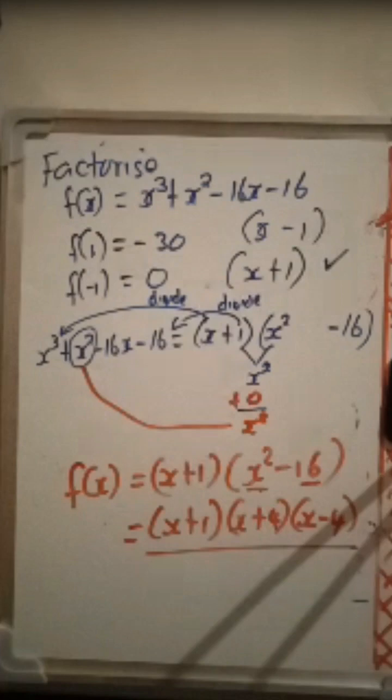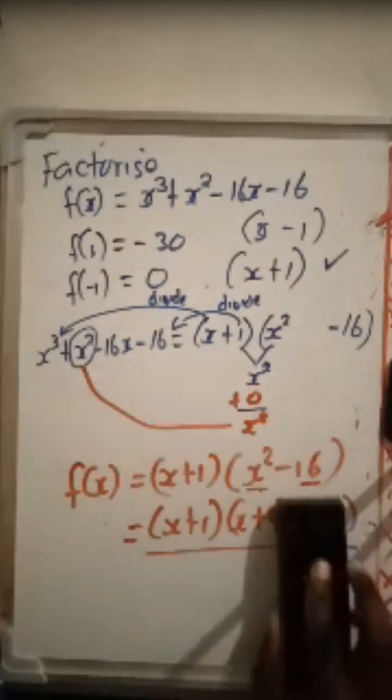I want to do another last example before I go to cubic functions. The last example I'm going to do is going to be done by you because I'll be asking you questions to make sure that we have understood.